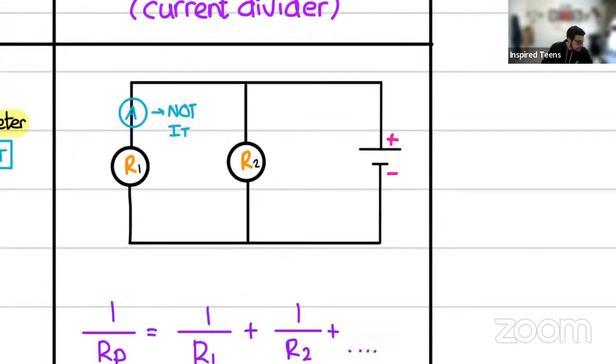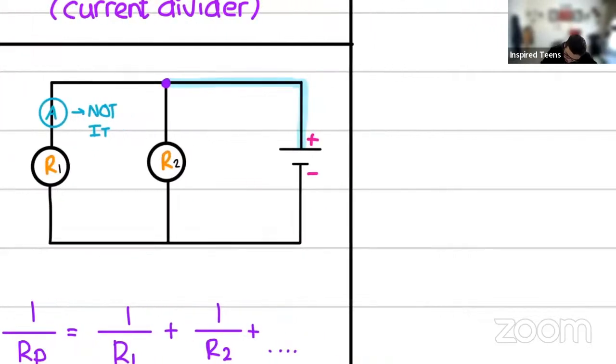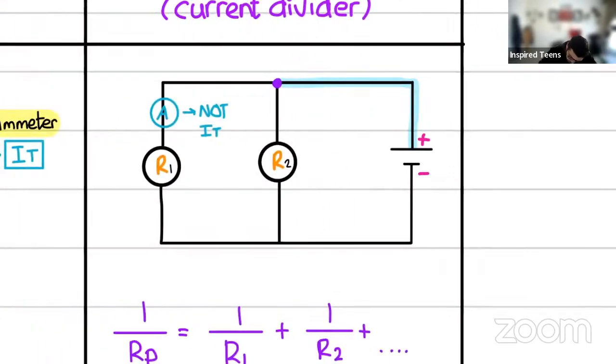But, however, let us look at the circuit of parallel. Now the current starts at the positive terminal and travels and travels until it gets here. When it gets here, it is now faced with an option. It can either go left or it can go down. And current goes both ways. So the current goes down, and the current goes left. Let's do it in two different shades of blue.